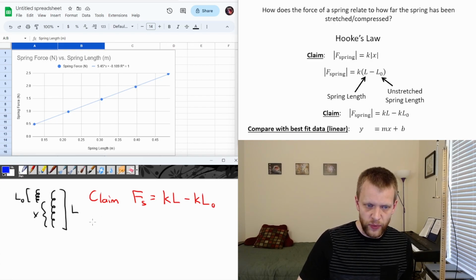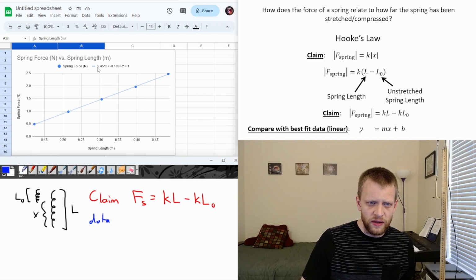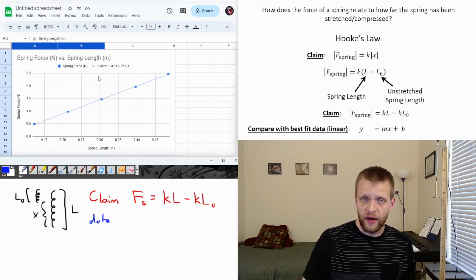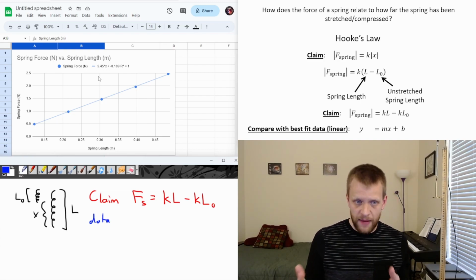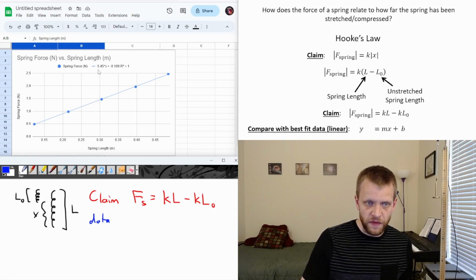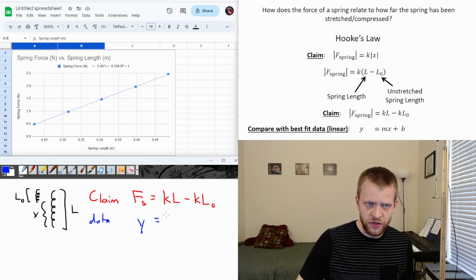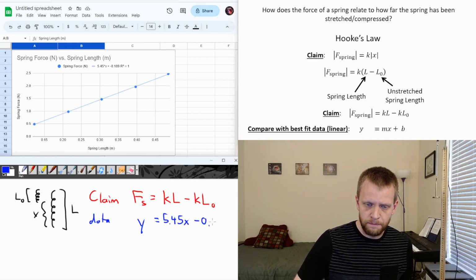Our data that we have gathered, well, the equation for a straight line is y equals mx plus b. And for this particular best fit, the computer spit out some values for the slope and the y-intercept of this graph. So our best fit equation is y equals 5.45 times x minus 0.189.